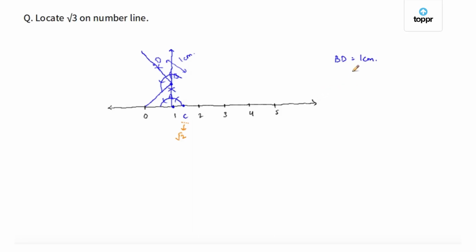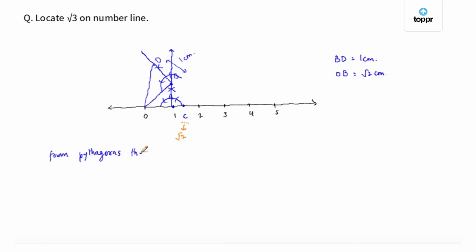We are already given that OB is equal to root 2 centimeter.